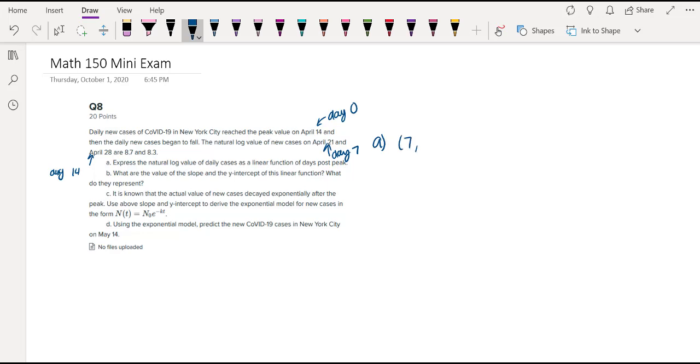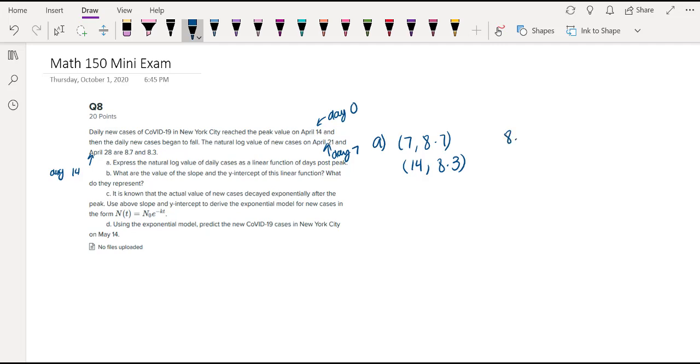Okay, so we have 2 points. On day 7, our log value of new cases is 8.7. And on day 14, our log value is 8.3. To find a linear function, we need the slope and a y-intercept. With my 2 points, I can find my slope by subtracting the difference between my y's and dividing it by the difference between my x's.